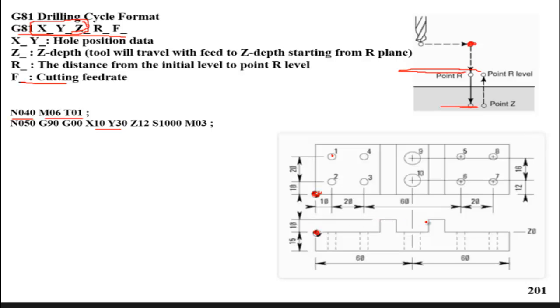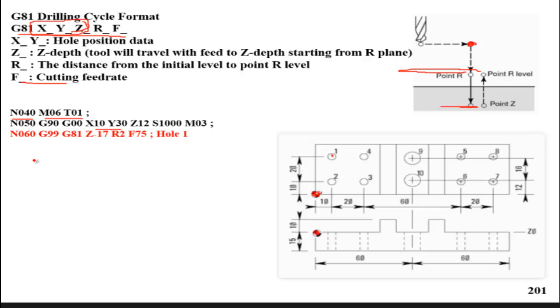To clear that height. So we allow 2 millimeters above that level, so when the tool moves, it will not interfere with this shoulder or with this high spot. And this is our speed, and this is the M03.